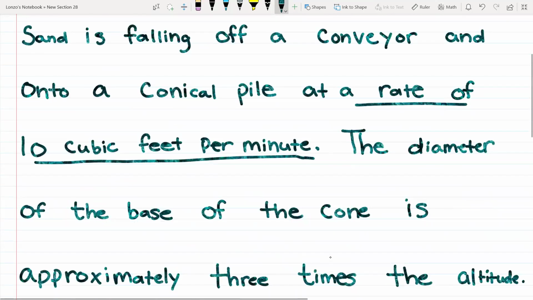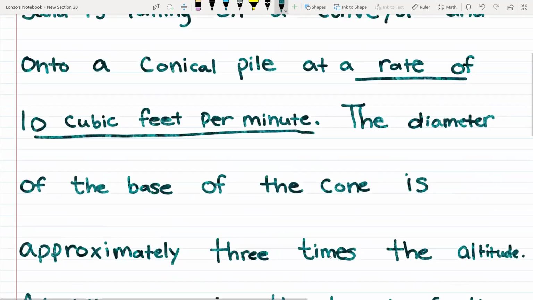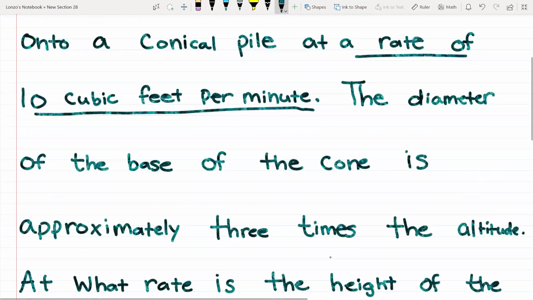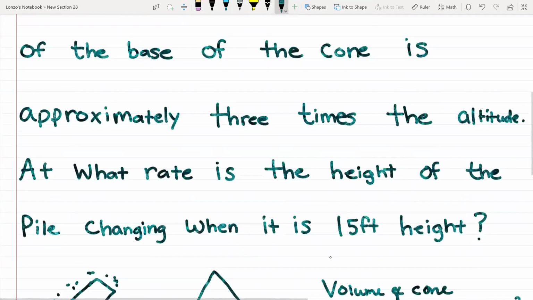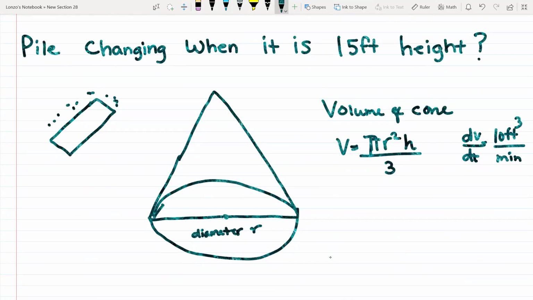What else did they tell us? The diameter of the base of the cone is approximately 3 times the altitude. At what rate is the height of that pile changing when it is 15 feet high? So our height is 15 feet, and our diameter is 3 times the height.